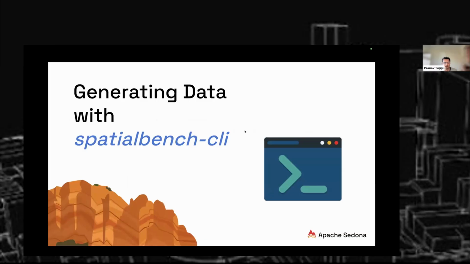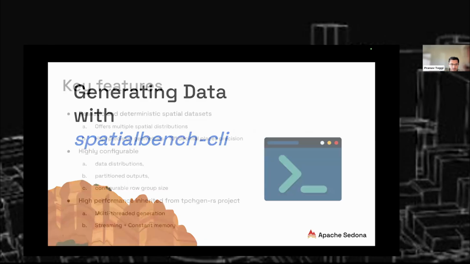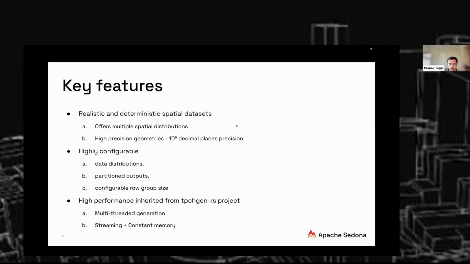Cool. So let's get into the tool that SpatialBench offers to actually generate these datasets. A few key features about the data generator. First of all, it inherits all of its performance from the TPCH Gen RS project, which is a really interesting project.